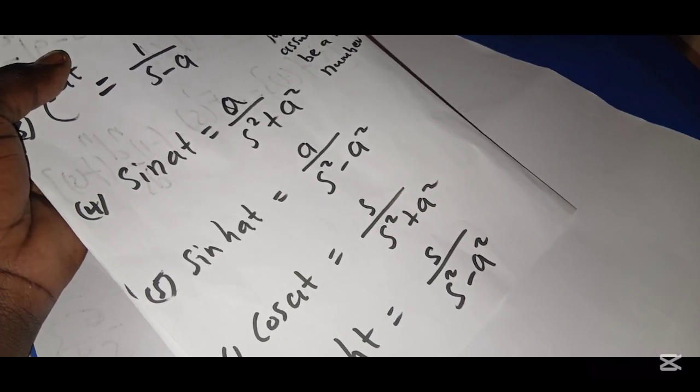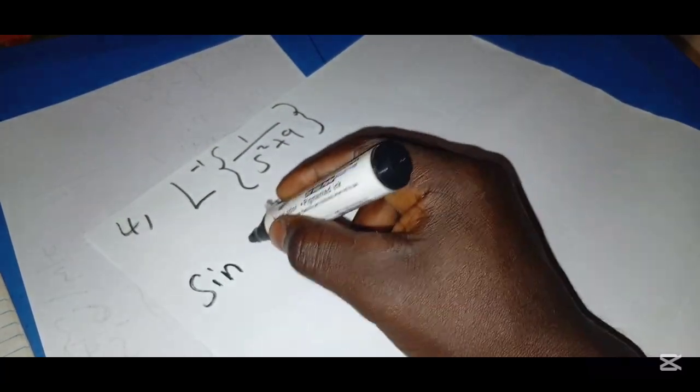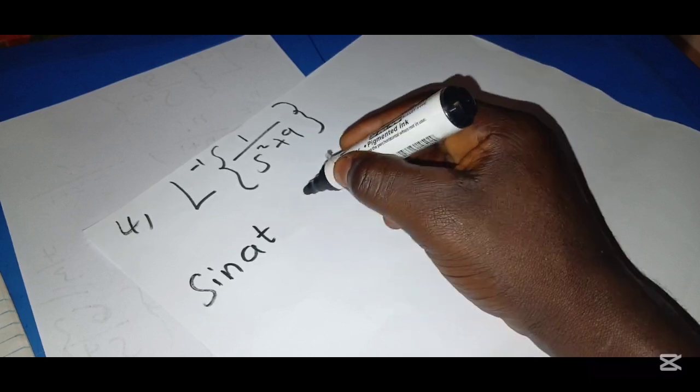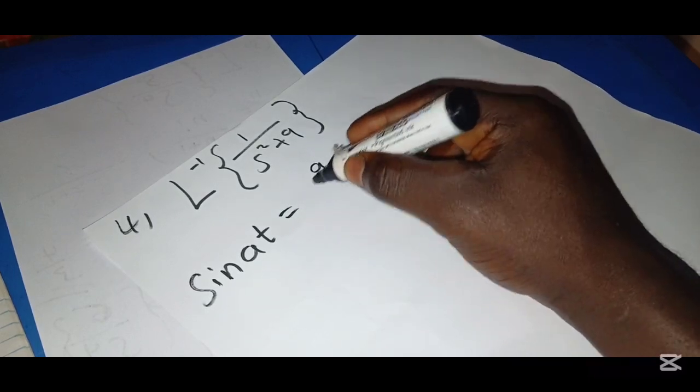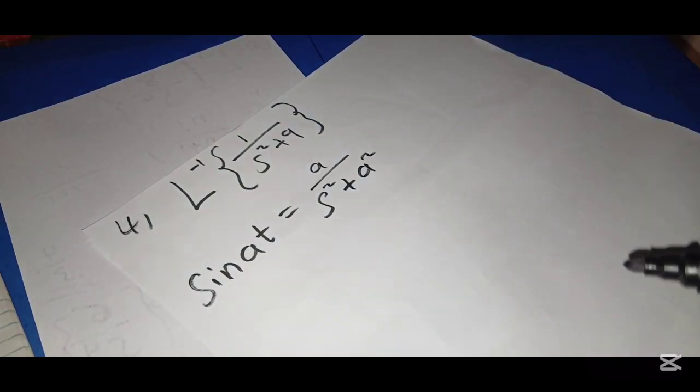Good, let's continue. So clearly, there is a hint that this problem is from sine at, equal to a over s squared plus a squared, right?